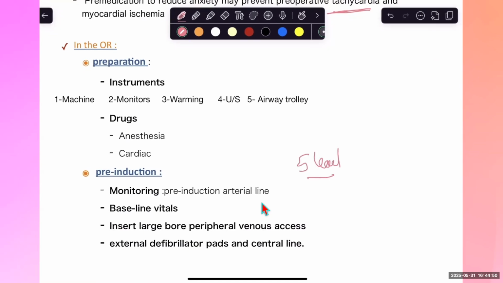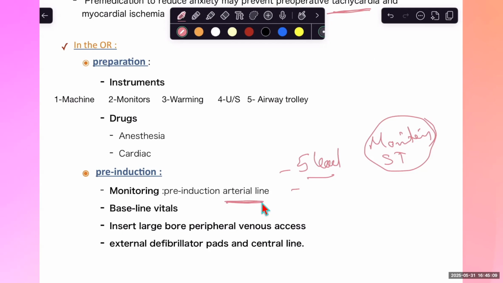And as I told you last time, monitoring the ECG for ST is very important in this patient particularly, as if he's a patient for coronary artery disease. Pulse oximeter, and definitely you will have a pre-induction A line and baseline vitals.